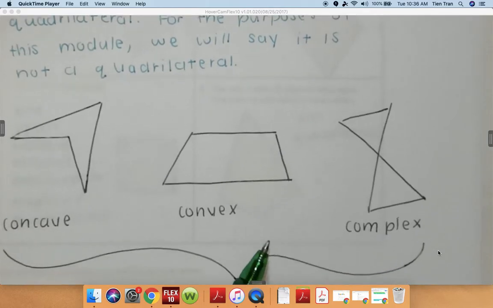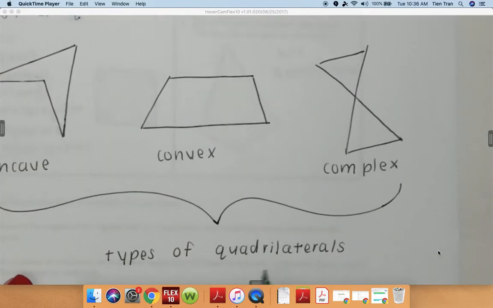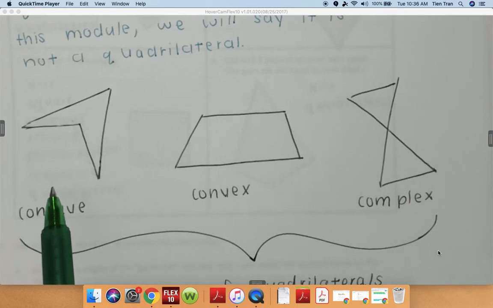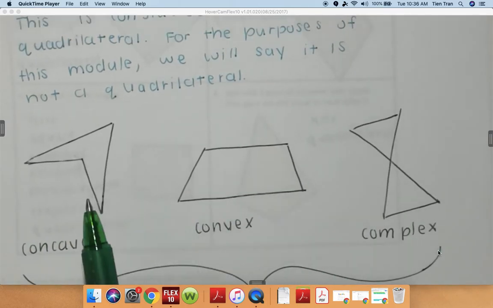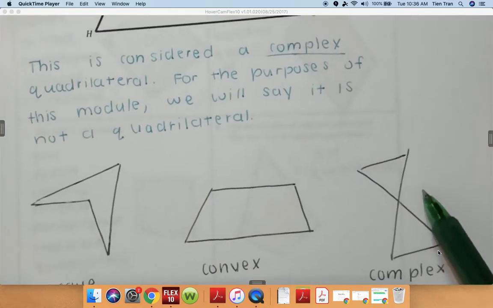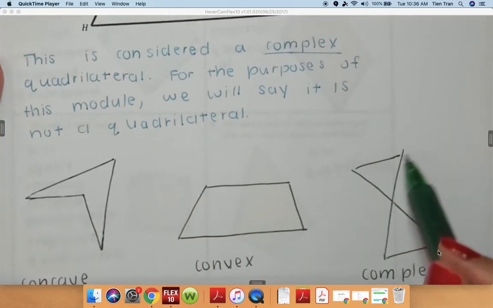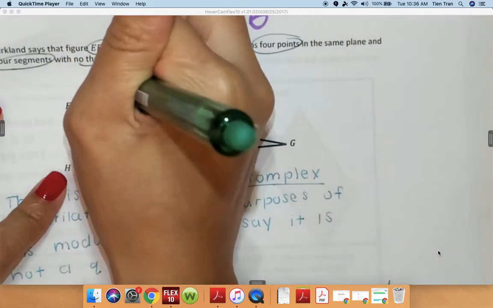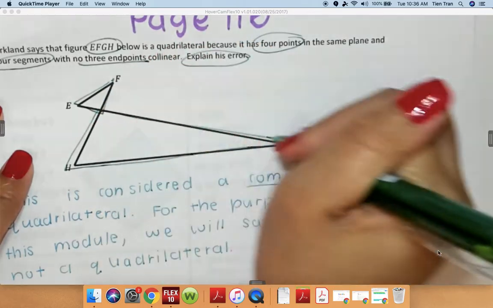Now, these are types of quadrilaterals. We have convex, we have complex, and we have concave. So this you will learn more about later on, but any shape that is complex kind of looks like crossed triangles. So if you see here, there's this little triangle, and then you have another triangle here.